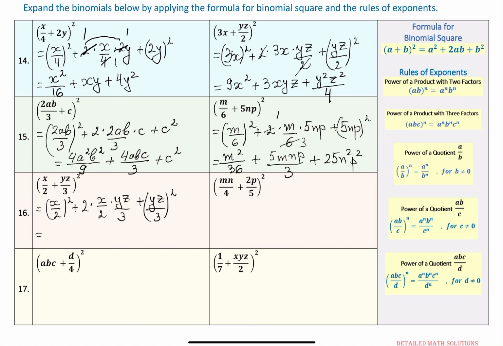(X over 2) squared equals x squared over 2 squared, which is 4. In the middle term, we can reduce the fractions again.